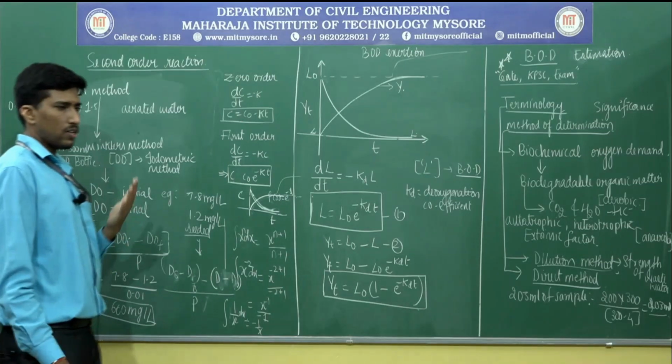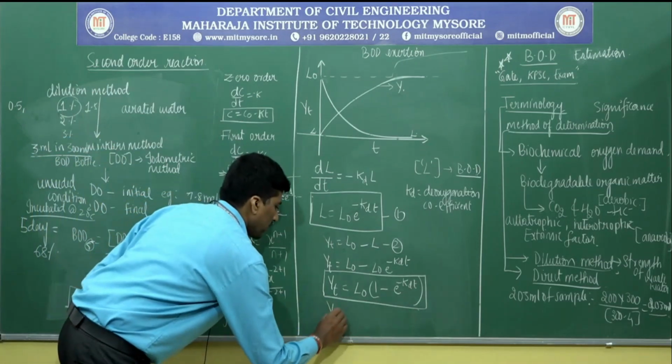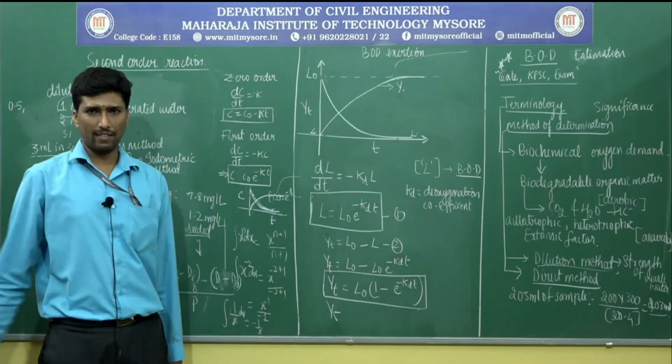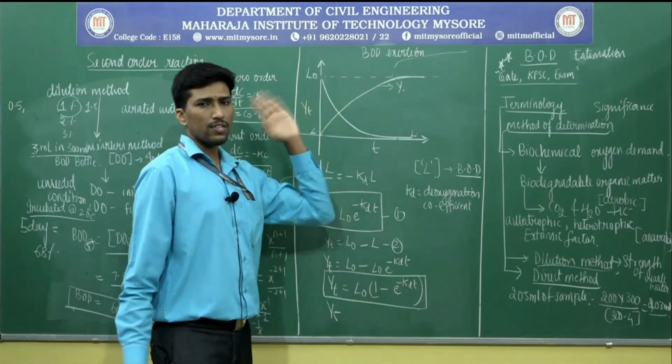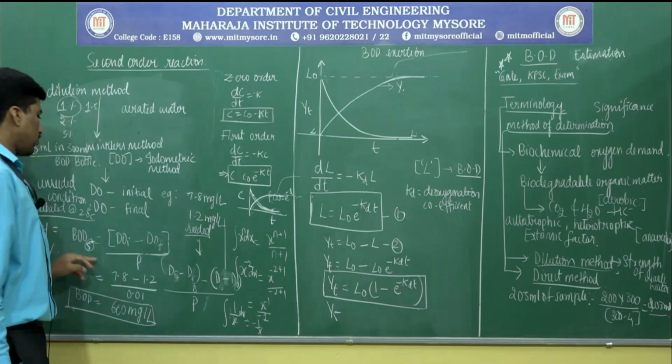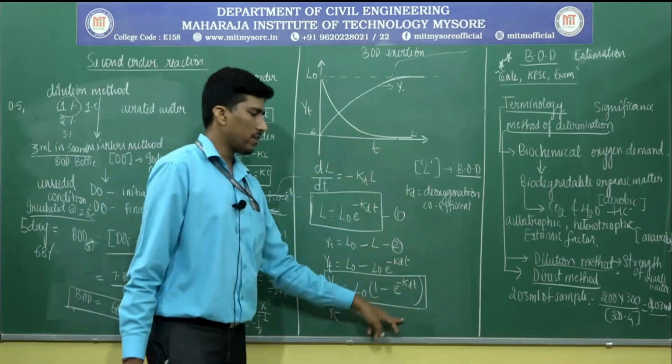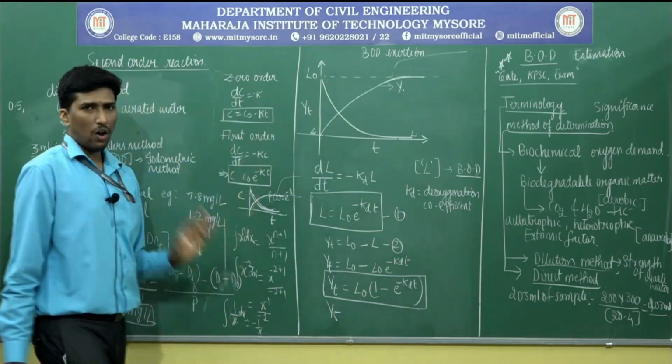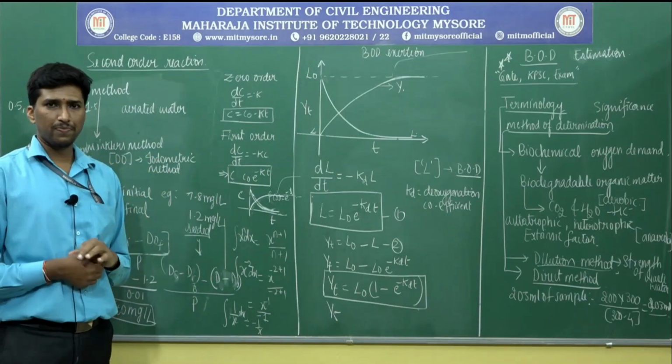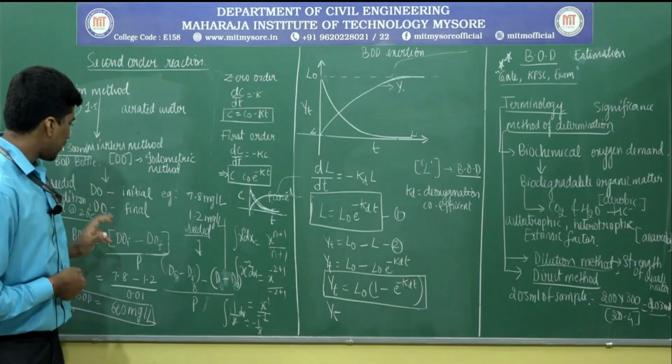Normally, 5-day BOD is represented as BOD5. This set of conditions, if you need to determine it, is mainly dependent upon the oxygen exerted. How does it take place?